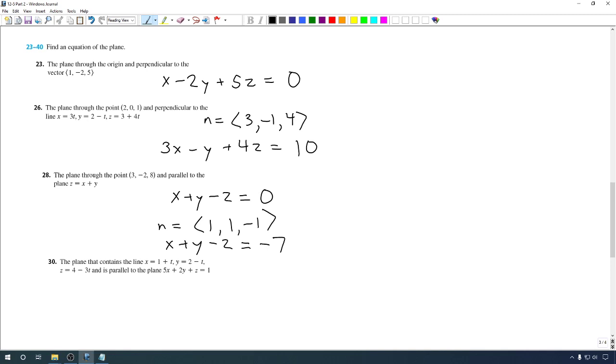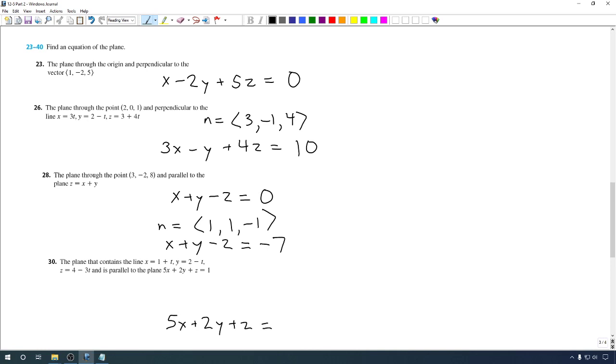So first of all, we note that we are talking about being parallel to the plane 5x plus 2y plus z equals 1. So our equation for the plane that we're looking for is just going to start with 5x plus 2y plus z equaling something.